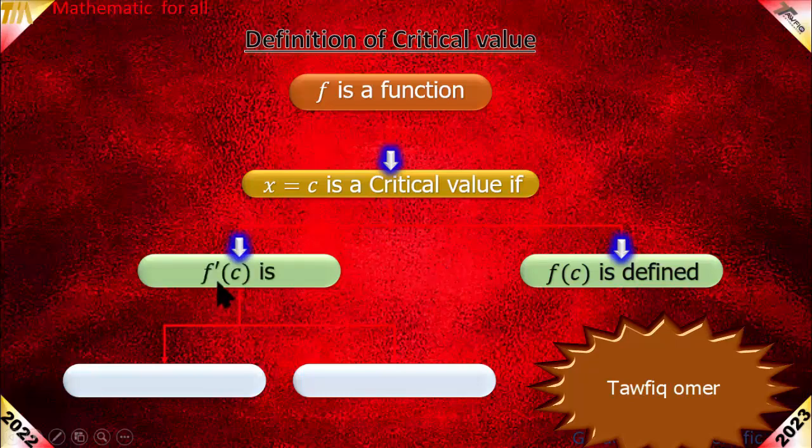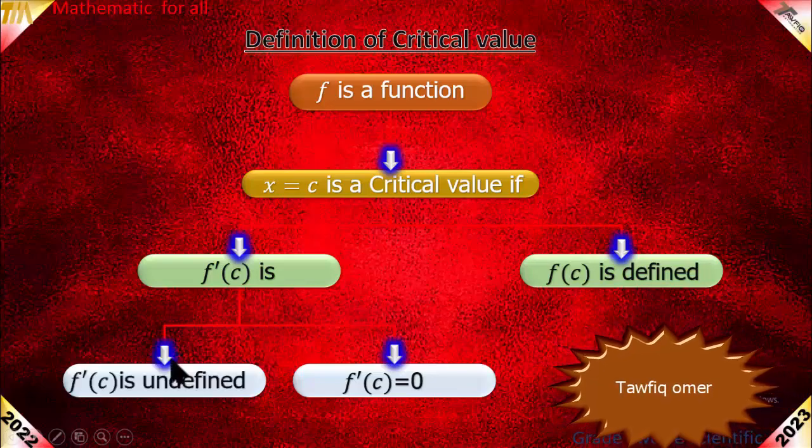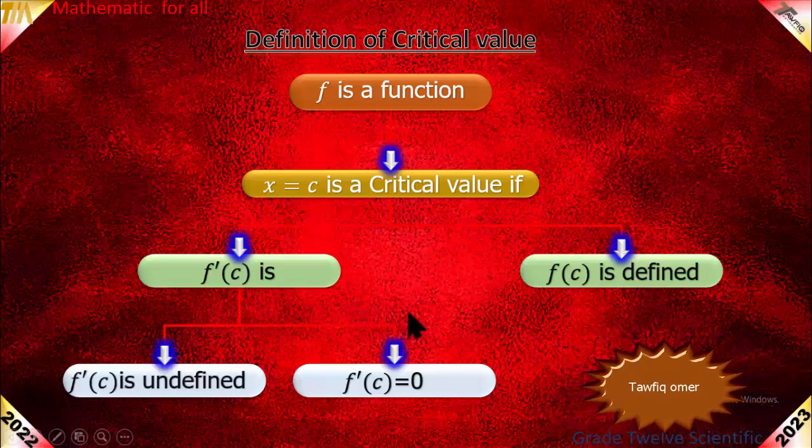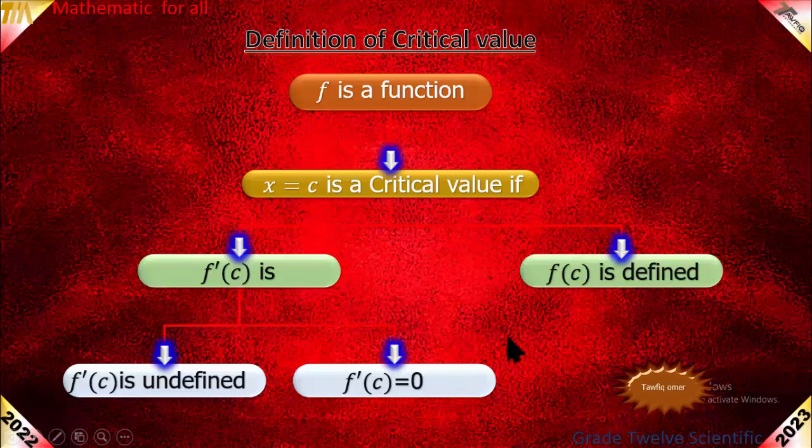And f prime of c is equal to 0 or f prime of c is undefined. That means we have two conditions. One of them, f of c is defined, and f prime of c must be 0 or undefined.